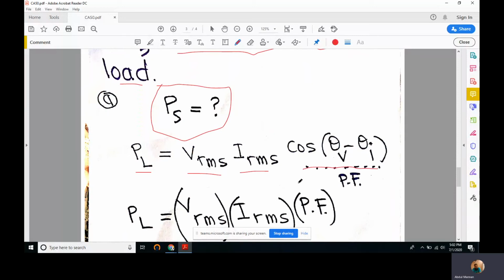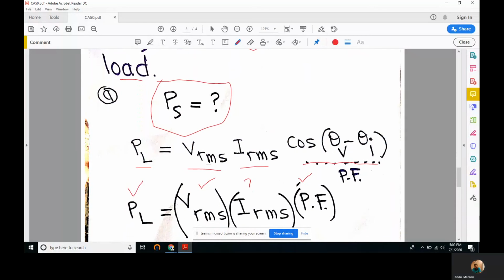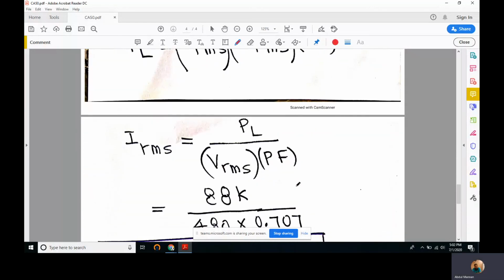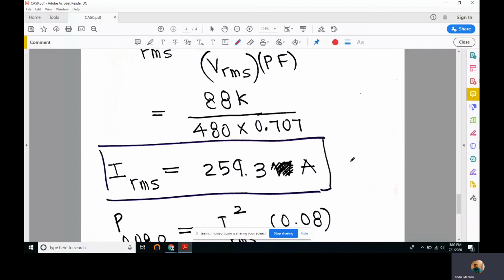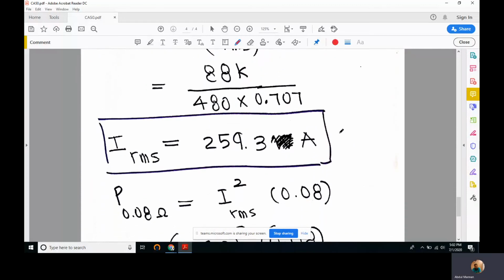So we are given this quantity 0.707, this quantity 480 volts RMS, and this quantity 88 kilowatts. So this is the only unknown quantity in this equation. We can move on to find the value of I RMS. P L is given as 88 kilowatts, V RMS is given as 480 volts, power factor is given as 0.707. So it comes out to be 259.3 amperes.